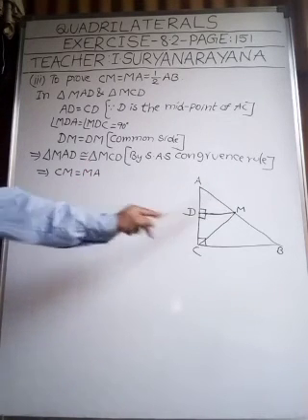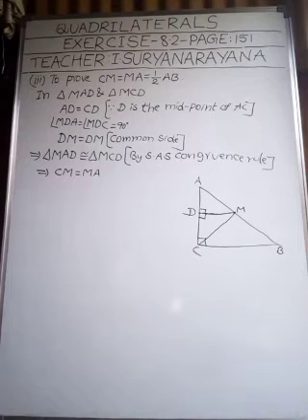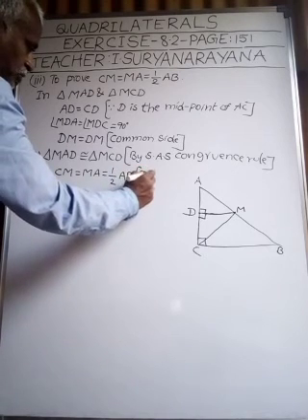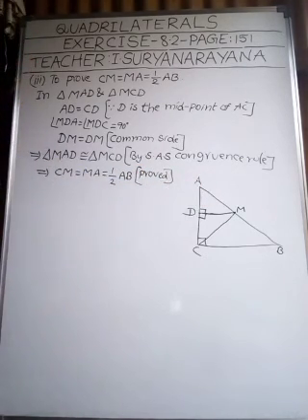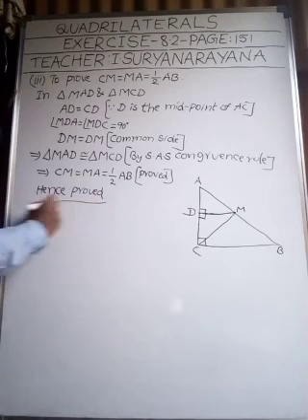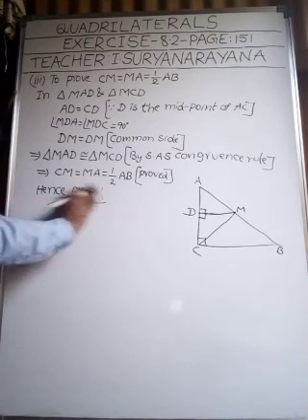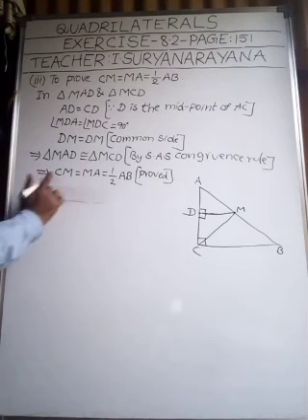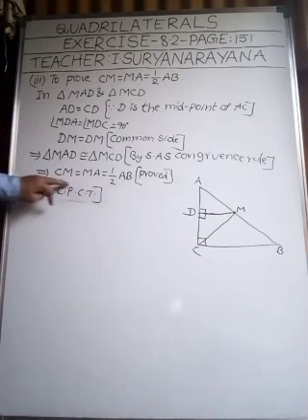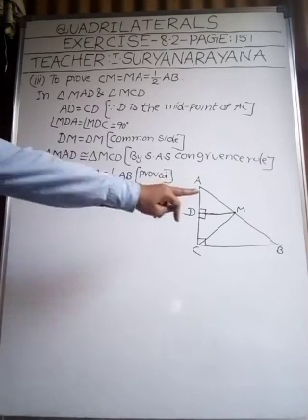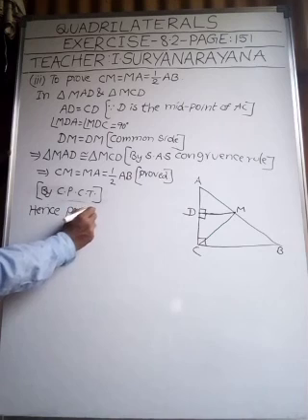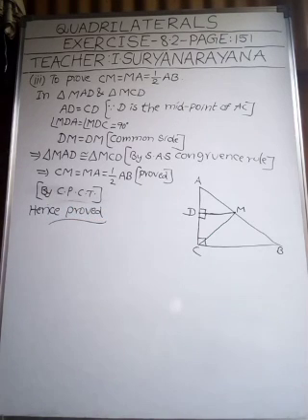But MA is half of AB, which we have already proved because M is the midpoint of AB. Hence proved. Understood?